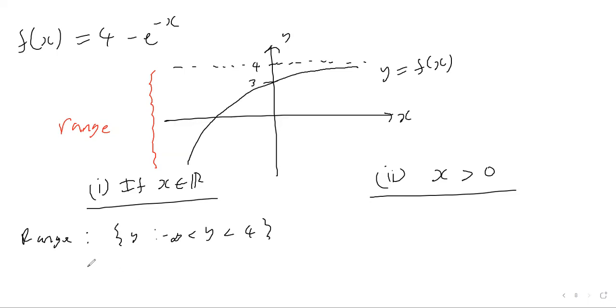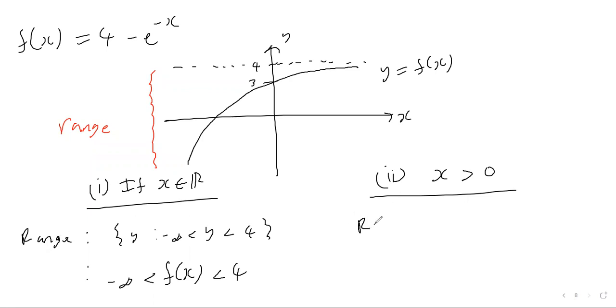You can also say that f of x is between minus infinity and 4. That's also fine for your range. If the question says write your answer in set notation, just make sure that you do write the curly brackets, because this is set notation here with the curly brackets. So that's our range for this one.